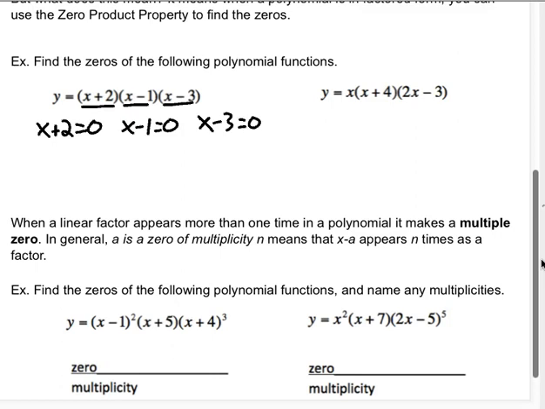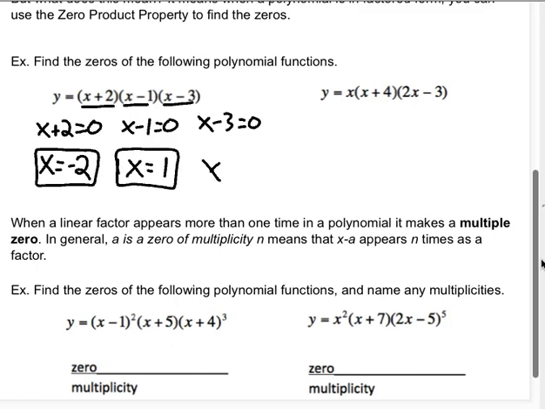Okay, so each individual piece, we want to know what would make that equal to 0. Well, I think these are pretty easy. So here, obviously, -2 would make that first piece equal to 0. 1 would make the second piece equal to 0, and 3 would make the third piece equal to 0.